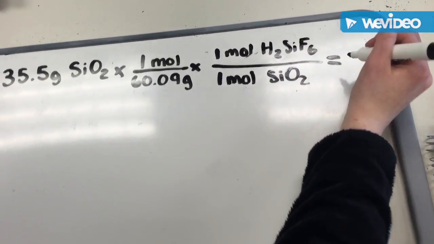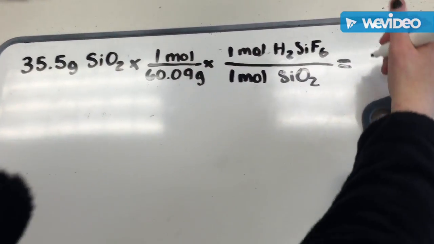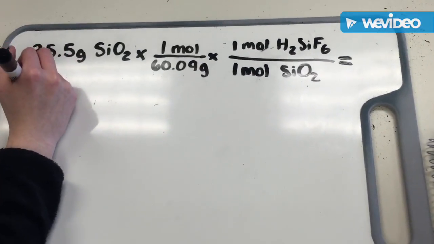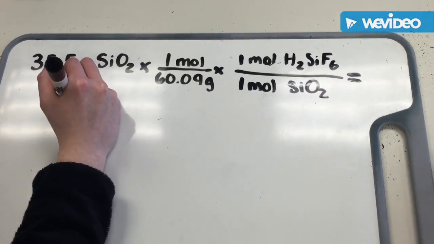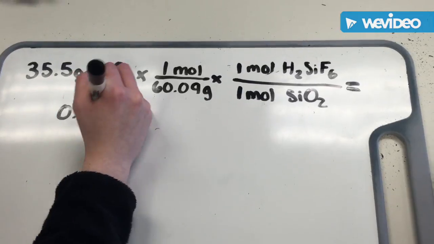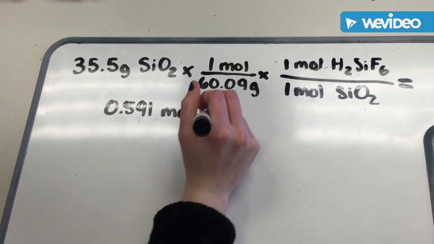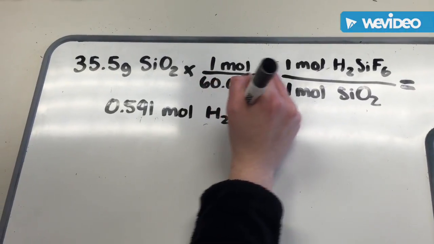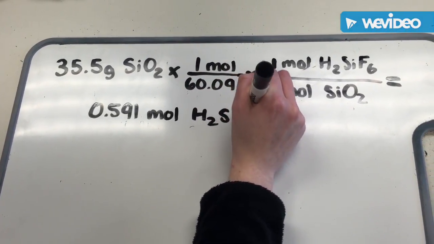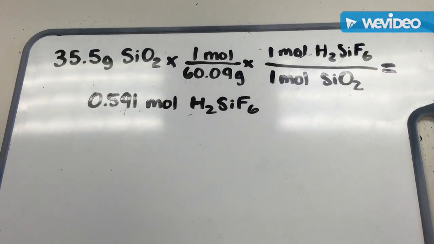And then to get it to H2SiF6, we did the mole ratio. In the equation, for 1 mole of silicon dioxide, there's 1 mole of H2SiF6. And we ended up with 0.591 moles of H2SiF6.